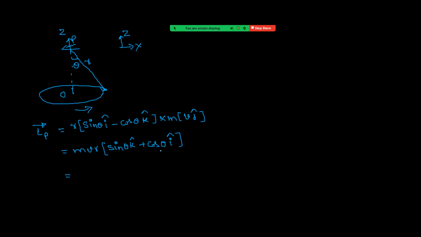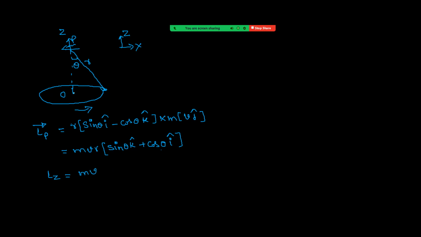We can see this component keeps changing. At this instant it has a component along the positive x-axis, and this will keep changing. Now, first take the component of this vector along the z-axis, Lz, that is m v r sine theta.